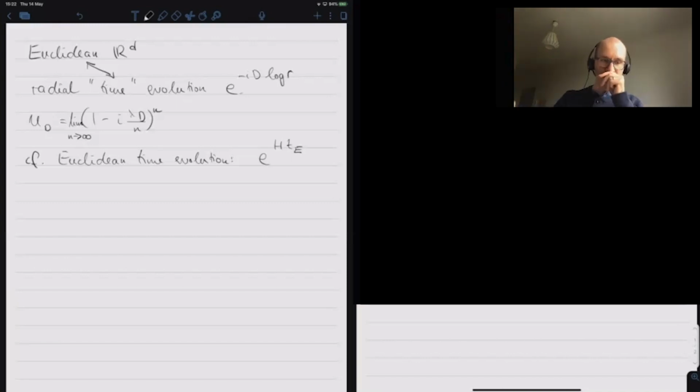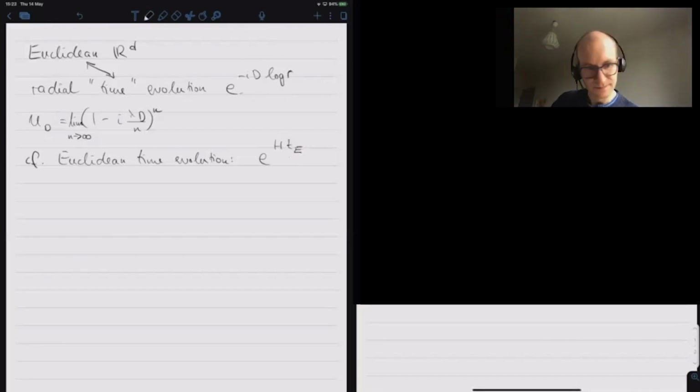But let's actually see that using the power of conformal symmetry, we can think of what we just did as a much more plain vanilla time evolution. And this comes from the identification of time as log r, Euclidean time as log r.